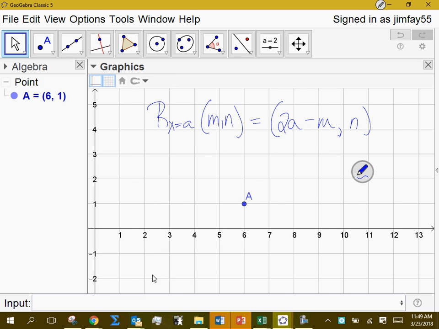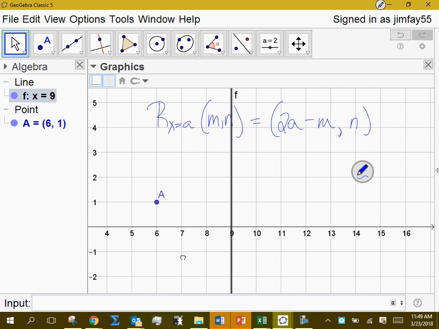What line do you want to reflect it over? Give me another number. If I go over 6, it would be the same. The line would go through the point, and it's really not going to be interesting. So let's do 9. So now I'm going to reflect that point.